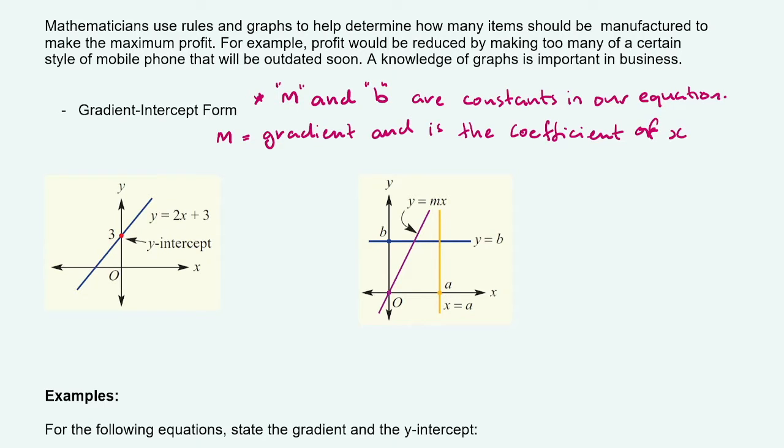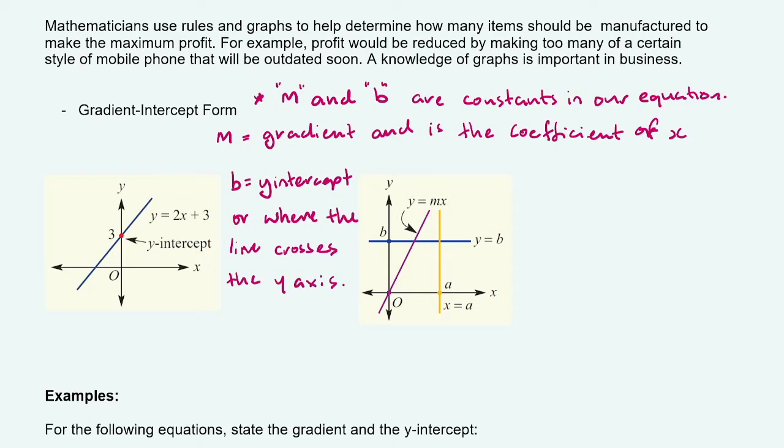And then our y-intercept is the point where the line crosses, or intercepts, the y-axis. Now, of course, everyone already knows this particular bit of information. If you're watching this video, we have gone over it many times.